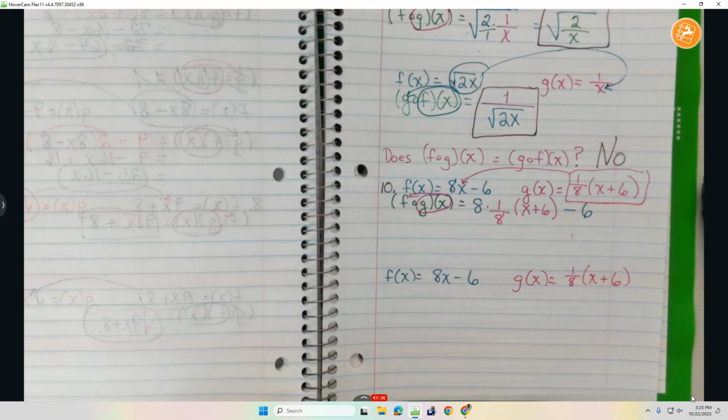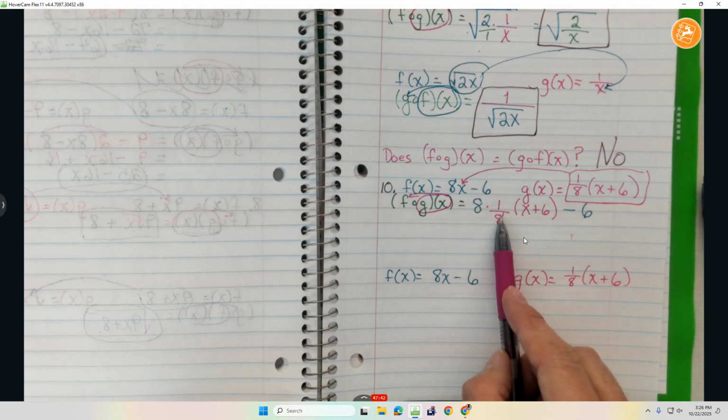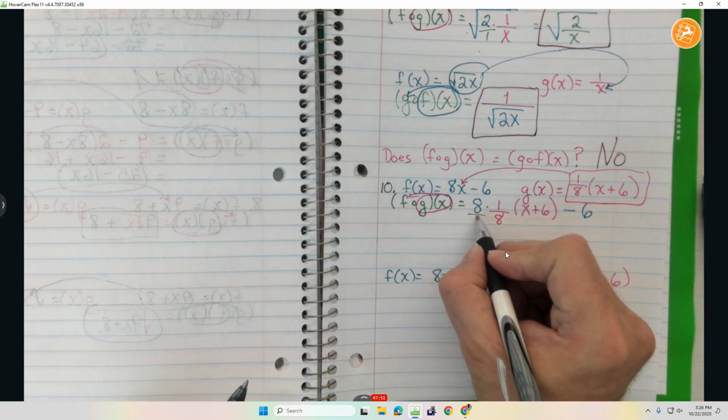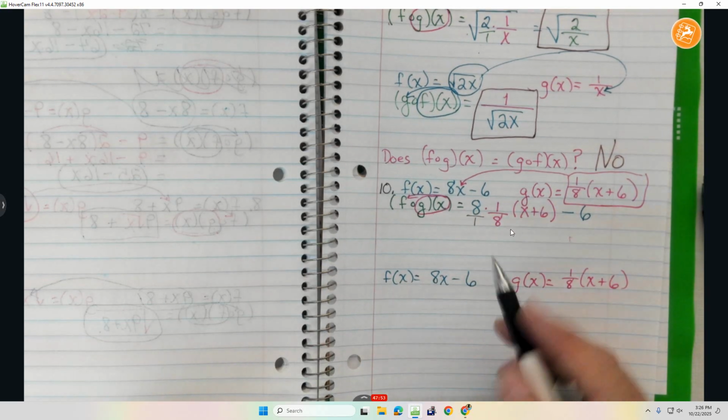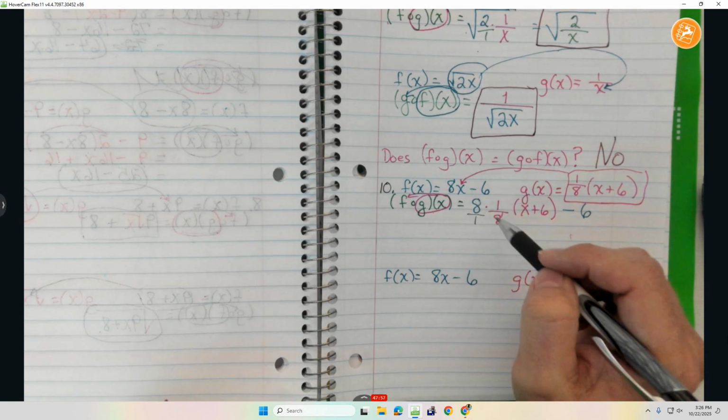It's not that bad because you multiply from left to right. What's about to happen with this 8 times 1 over 8? If you think of it as 8 over 1 times 1 over 8, what's going to happen? Something's going to cancel.